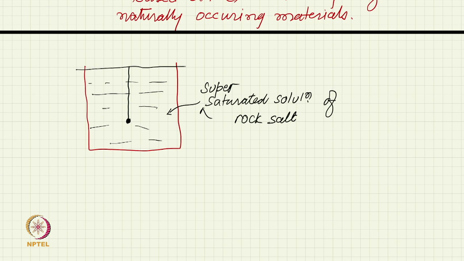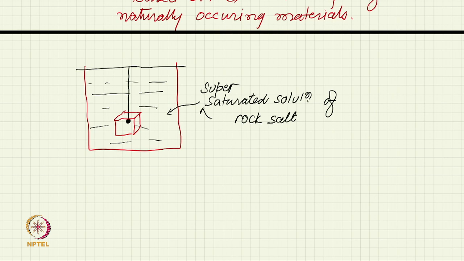Because of the supersaturation, salt will start depositing on this seed, and when it grows you will find that the grown crystal has nice facets and a cubical shape. Again, you are not there with hammer and chisel to shape it into a cube, but the growth process itself is making it into a cube.